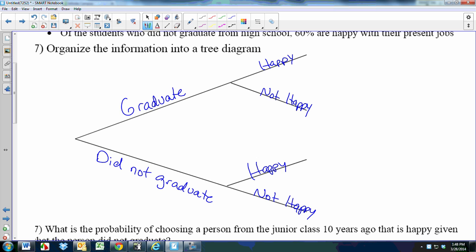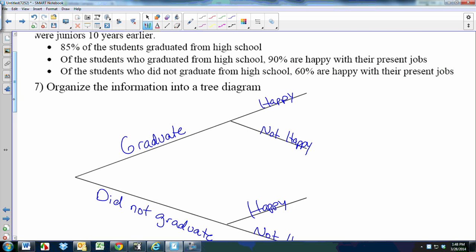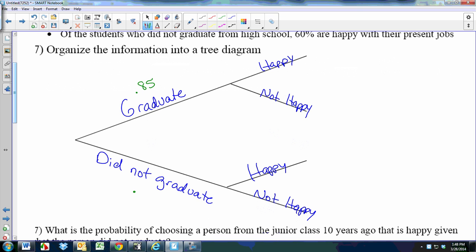All right, now let's organize the probabilities. What was the percentage of graduates? It was 85%. So the probability of you getting a graduate is 0.85. Well, then if you have an 85% chance of getting a graduate, what's the probability of you not getting a graduate? 15, yeah. What's left over is 15%, so 0.15 did not graduate.